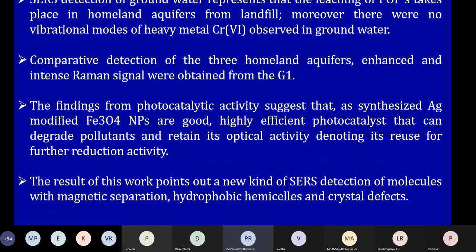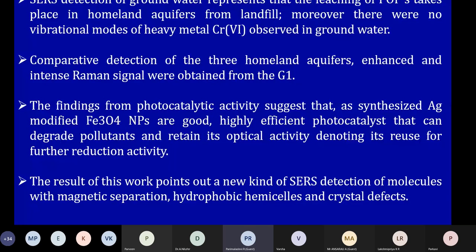So from this study we can summarize that SERS detection of groundwater represents that leaching of persistent organic pollutants takes place in nearby aquifers from the landfill. Moreover, there were no vibrational modes of heavy metals observed in groundwater. Comparing the three nearby aquifers, enhanced intense Raman signals were obtained from G1.